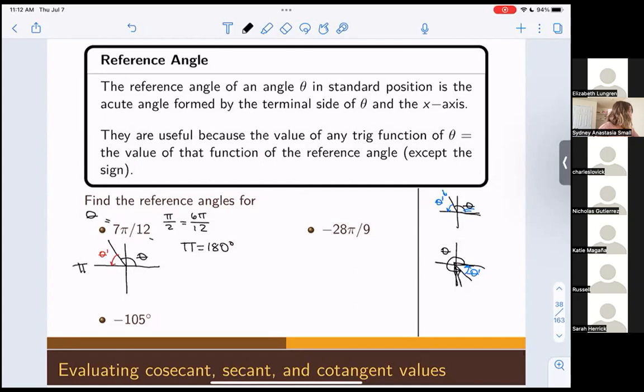So we know that theta and theta prime are supplementary, so their sum has to be pi radians.